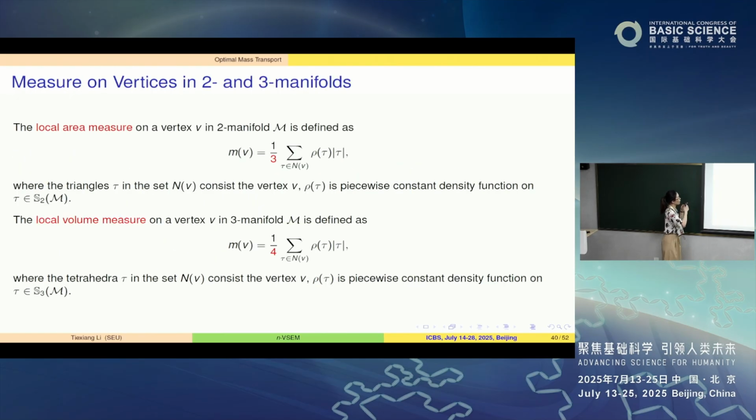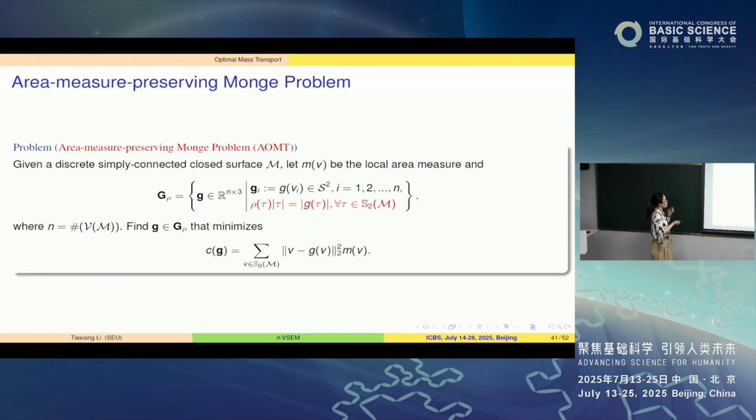Now, because we have the density function, we can define the local area measure in this way for a 2D manifold, and for a 3D manifold we can define the local volume measure in this way. So if we have defined the density function, we can use it to define the local mass. Okay, so we have the mass on the manifold.